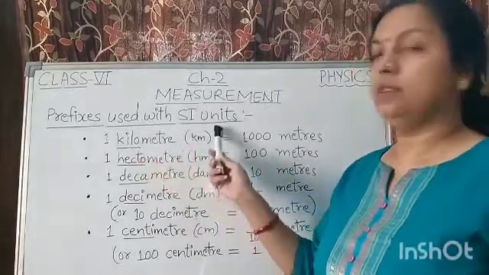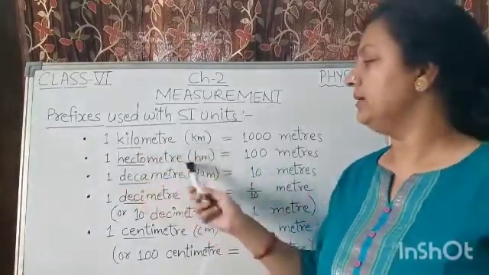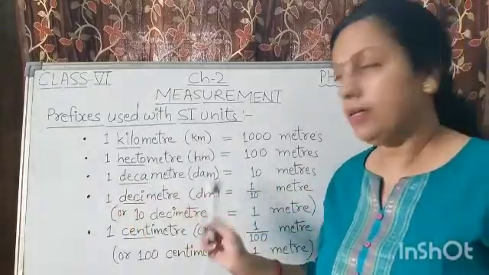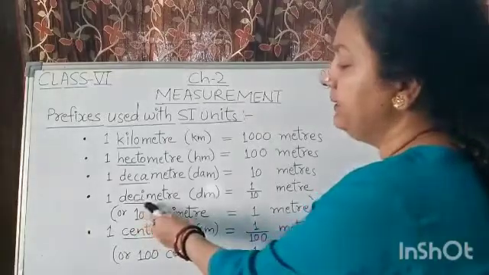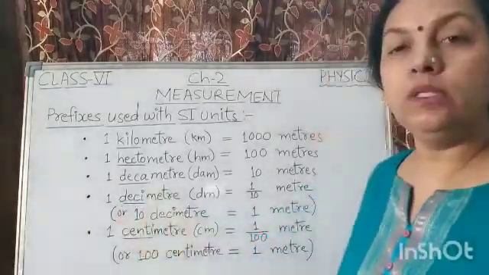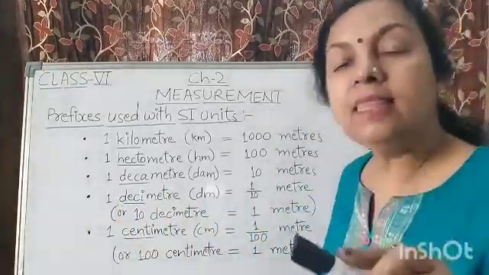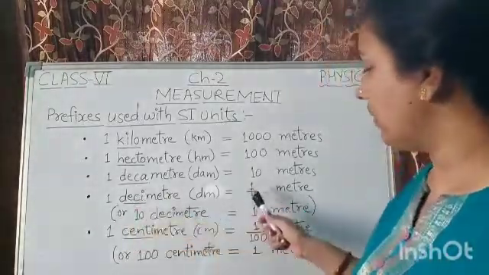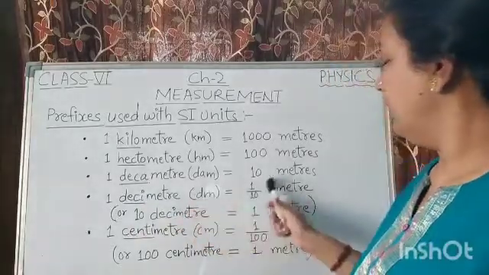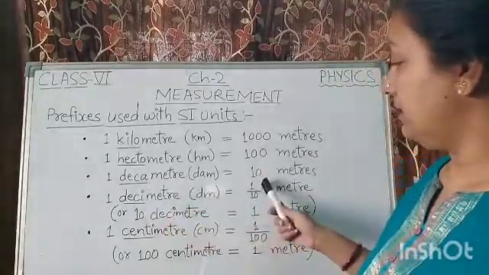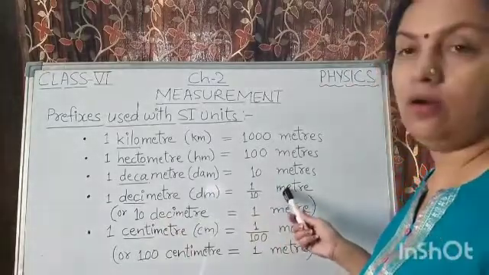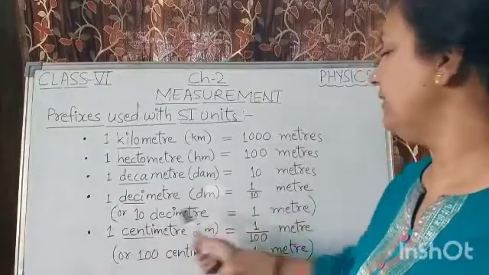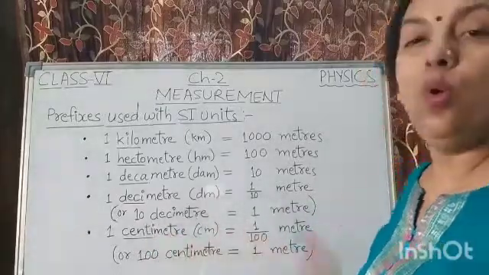Kilometer, its symbol is km, hectometer, its symbol is hm, and decameter, its symbol is dam. Now 1 decimeter, deci denotes 1 by 10th part of 1 meter. So deci means 1 upon 10, so 1 decimeter is equal to 1 upon 10th of a meter, or we can say 10 decimeter is equal to 1 meter. Don't get confused.